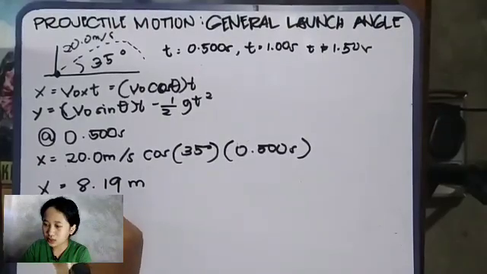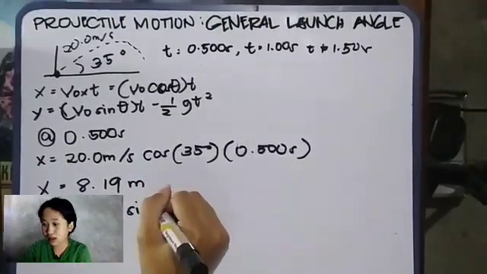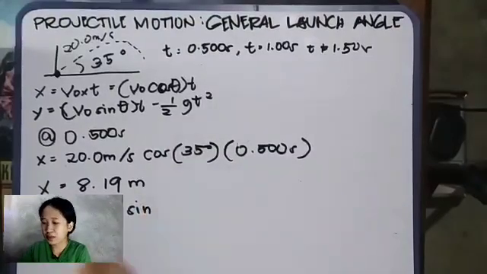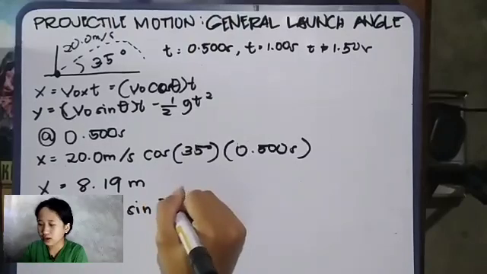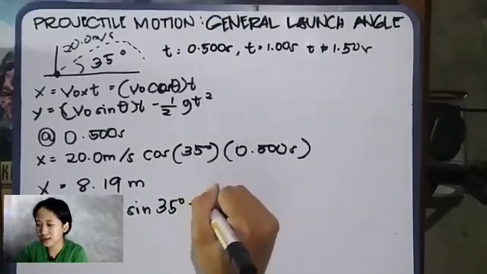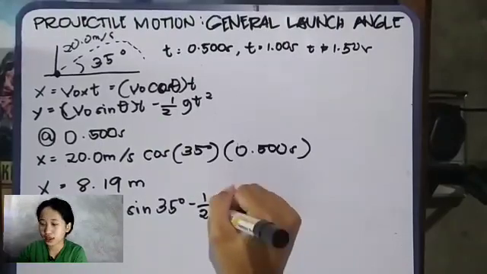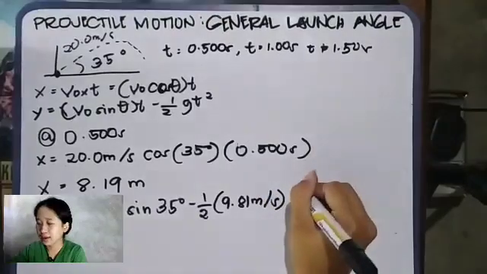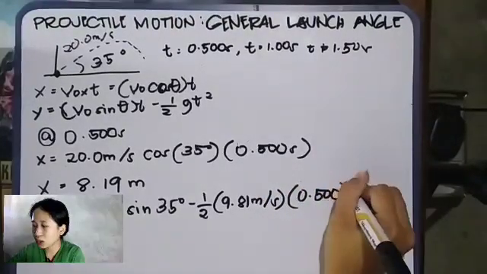V sub o which initial 20 meter per second sine. So, na-explain ko naman na kanina kung bakit sine and cosine yung ginagamit. Diba? Cosine kapag sa x-axis, then sa y naman is sine. So, sine 35 degrees minus 1/2 gravity na 9.81 meter per second squared times time na 0.500 seconds squared.